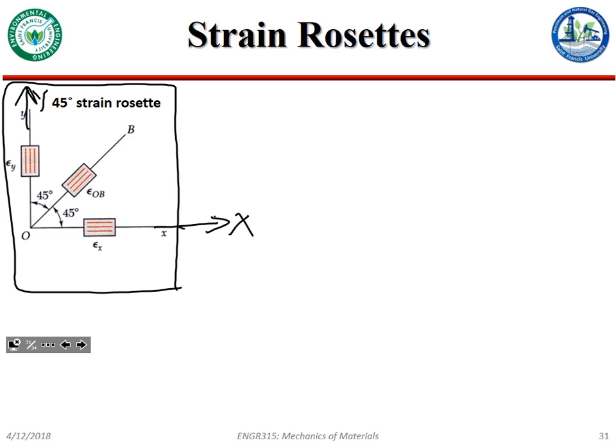And that 45 degree gauge allows us to build a relationship for shear strain too.